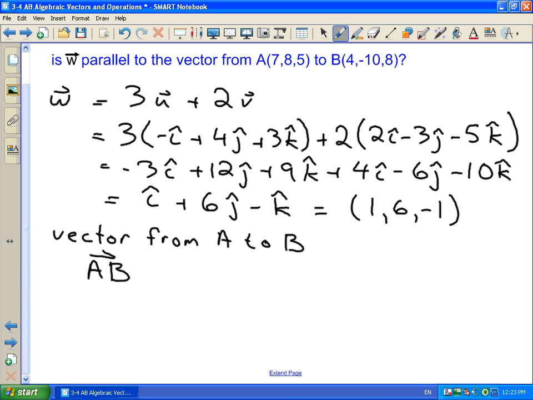Using our old notation, it's the vector AB. The easiest way to do this is to subtract the starting point from the ending point. Oh, sorry, other way around. So we want to do the end point minus the start point.